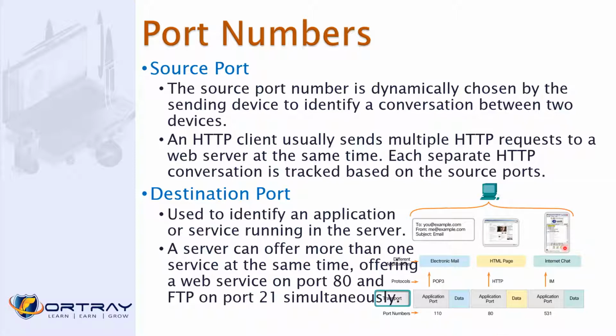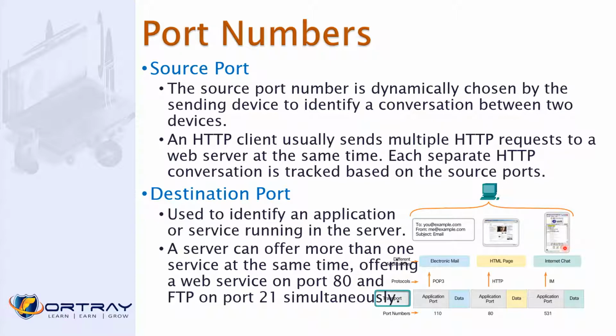For example, you already have email open, an Exchange server open, a web server open, you are doing a file transfer, and you are chatting with someone on Facebook as well. How does this happen? Why does the email not overlap with the chat you are doing on Facebook? Because each application you are using uses a separate port number.